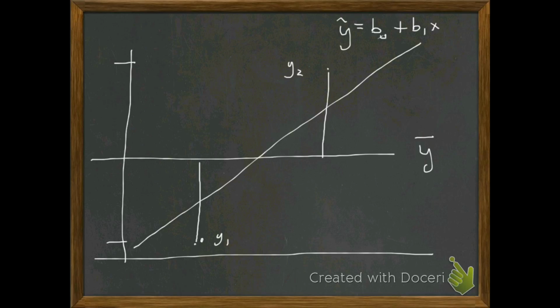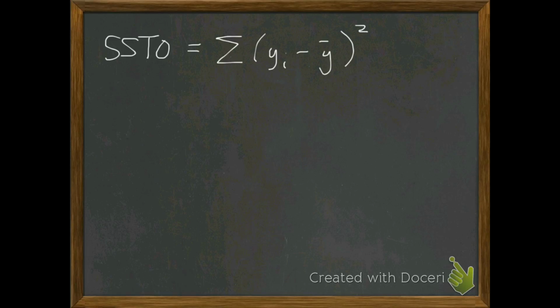So again, this distance right here would simply be y1 minus y bar, and this distance right here would simply be y2 minus y bar. We're ultimately going to square these things up, so the order doesn't really matter. So again, the sum of squares for the total is just the sum of our y values minus the mean quantity squared.